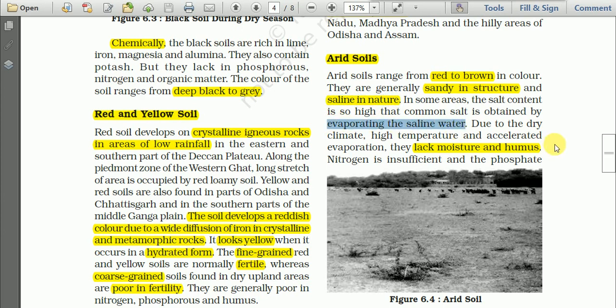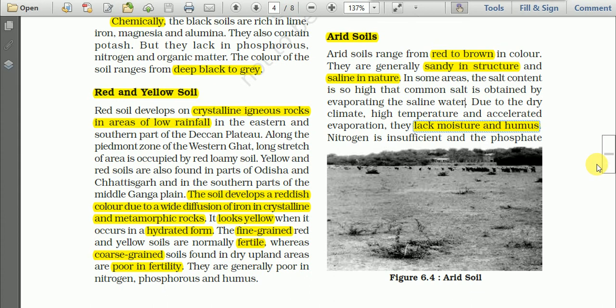So after boiling the saline water we can get salt, that is sodium. Due to dry climate, high temperature, and accelerated evaporation, they lack moisture and humus. That means arid soils contain less humus, that is organic matter, and less moisture.